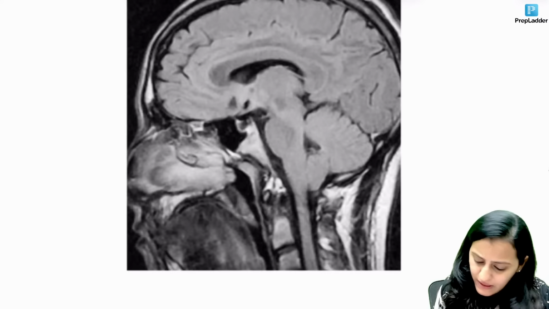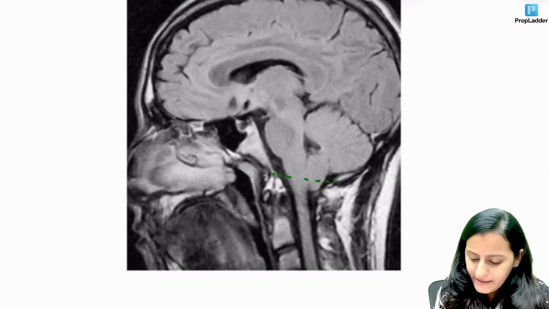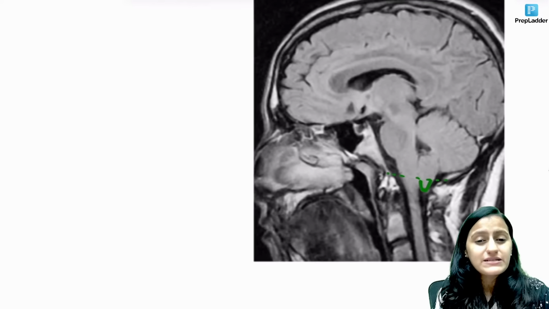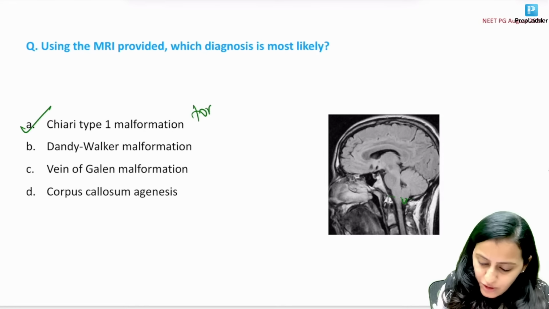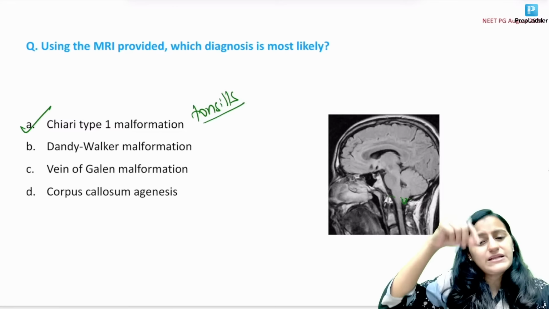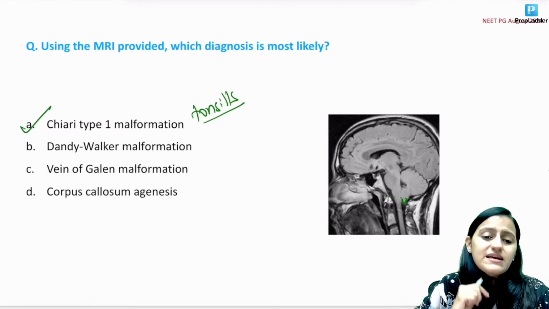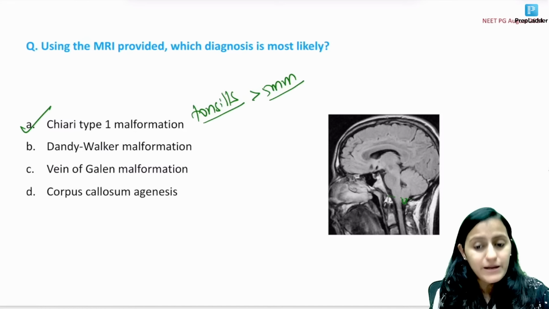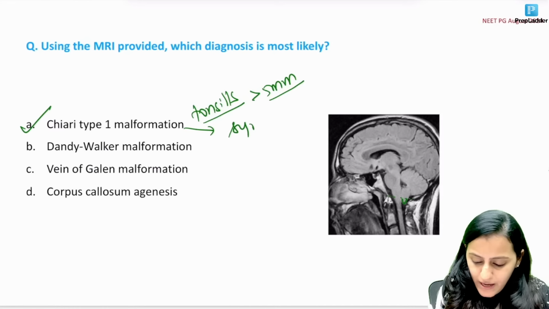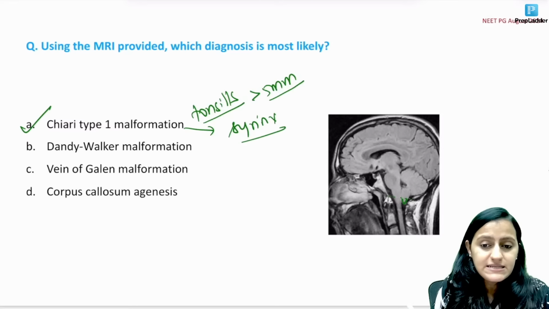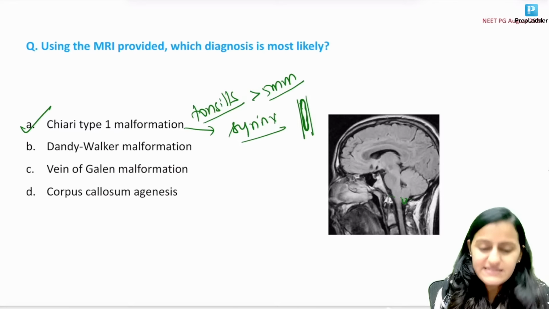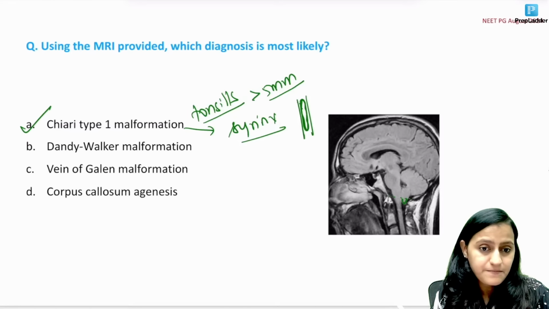Everything looks normal except for this: at the foramen magnum you can see this cerebellar tonsil-like thing going down. So there are cerebellar tonsils getting down, peg-like tonsils herniating down more than 5 mm. It is Chiari type 1. Remember, in Chiari type 1 you have a syrinx also present. In the spinal cord, you have this central canal dilated, right? CSF containing syrinx, which is there.